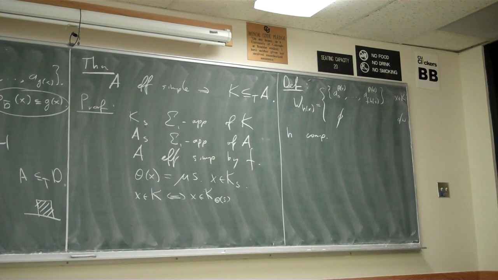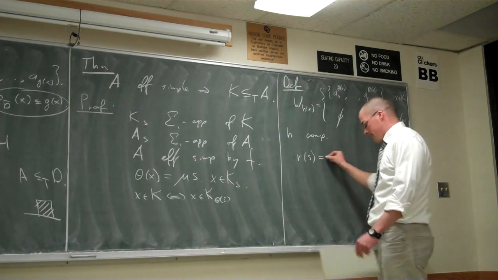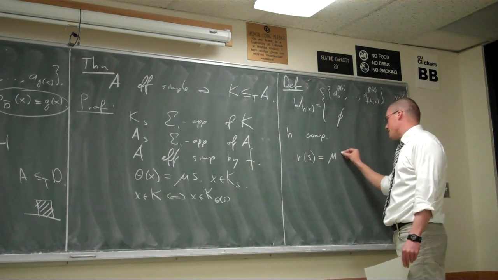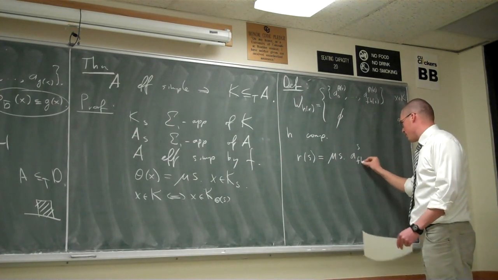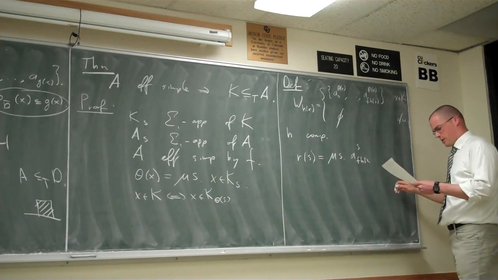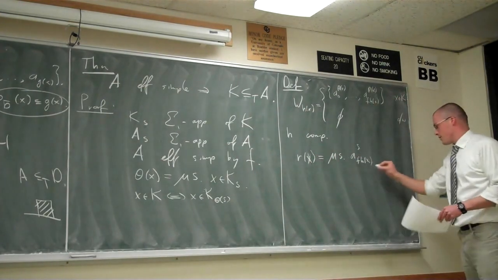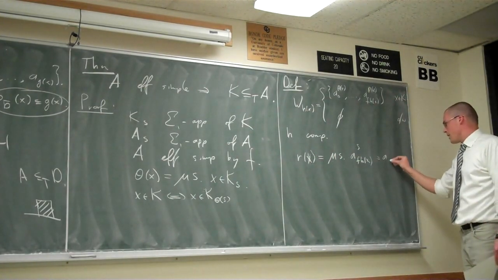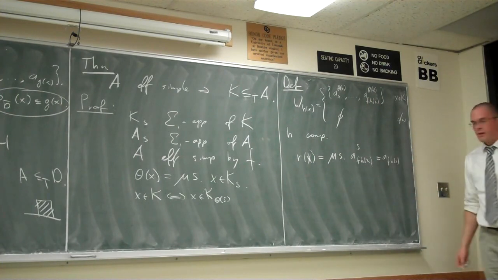Good. Now I can define the function r(x), which is the least stage s such that A_s up to f(h(x)) equals A up to f(h(x)).